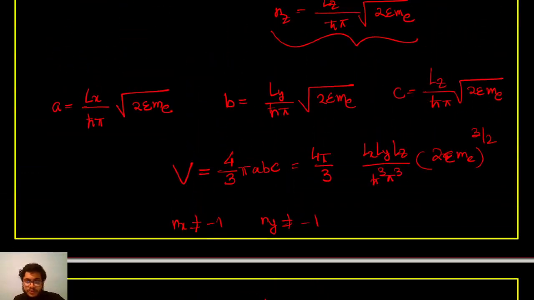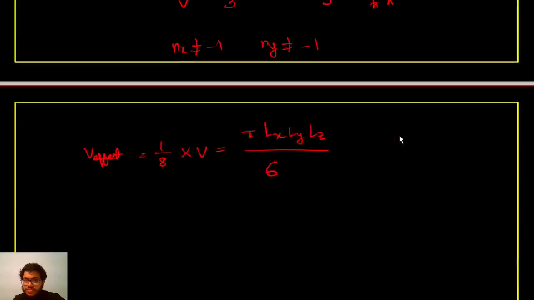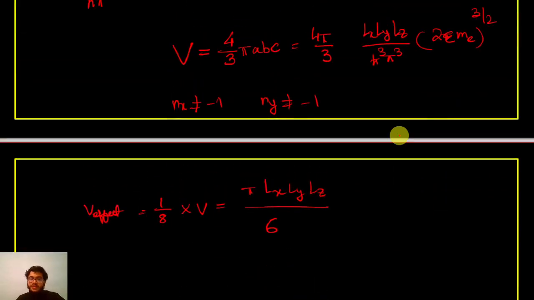We can take the h bar and pi inside, and after manipulating a little bit, what we will have is this.